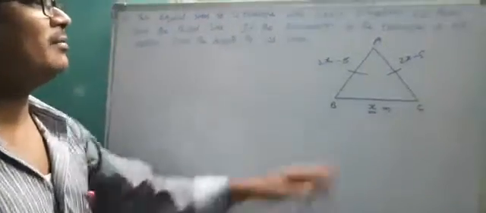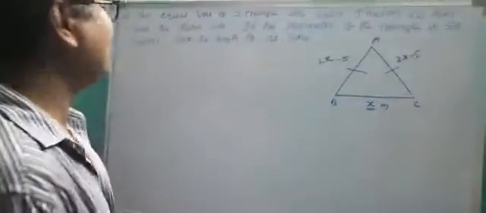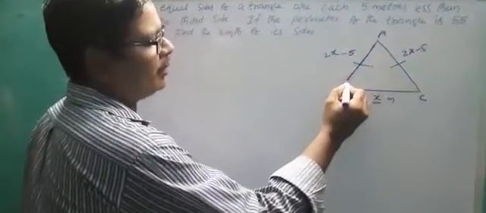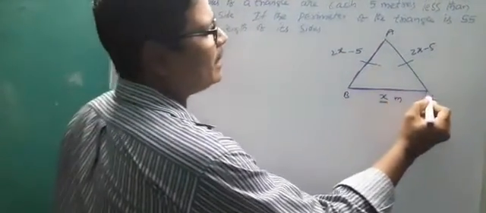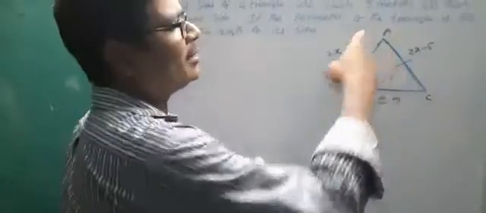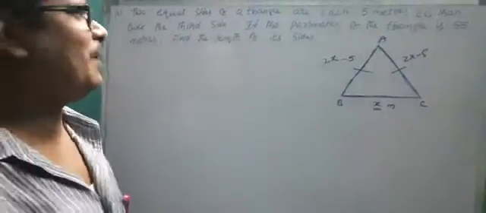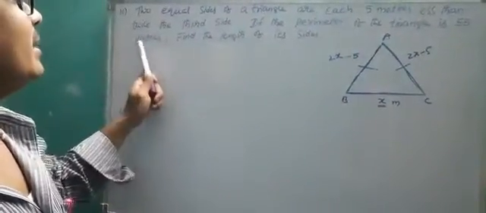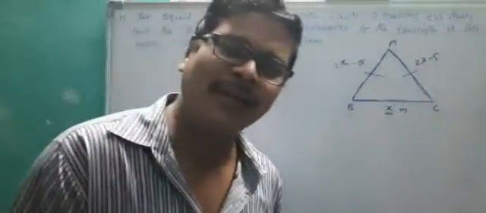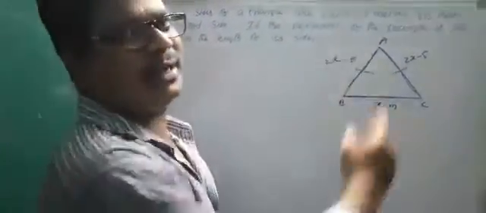If the perimeter of the triangle is 55 meters, find the length of its sides. What is perimeter? The total length of the boundary, AB plus BC plus CA, is known as its perimeter, the sum of all the sides. That means we have to find the third side and the equal sides also.